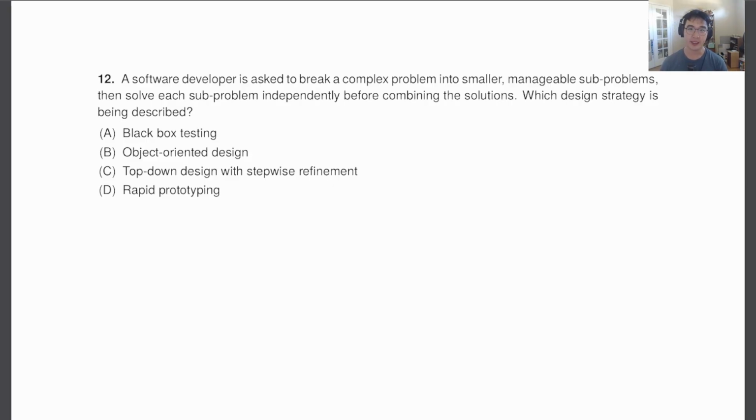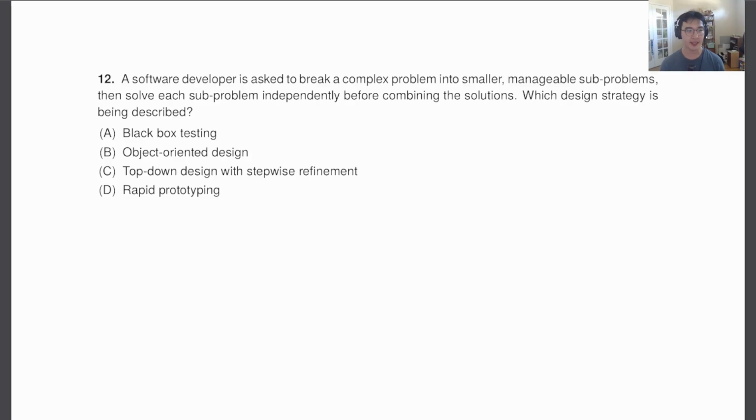B, object-oriented design. Think of this as programming or design focused around objects. This is a type of methodology that structures a software program around objects that combines data and the behavior into the object itself. Once again, this doesn't really quite address what this problem is asking for, so it would not be B. C, top-down design with stepwise refinement.